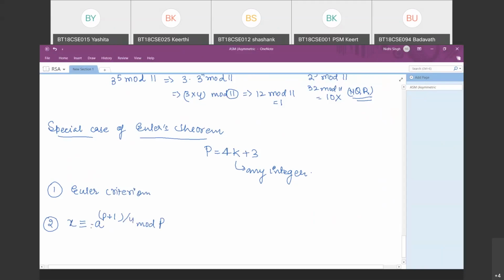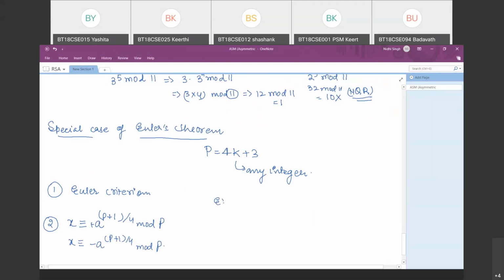This is for the plus value, and for the negative value, minus a to the power (p plus 1) divided by 4 mod p. Okay? So these are the direct solutions.